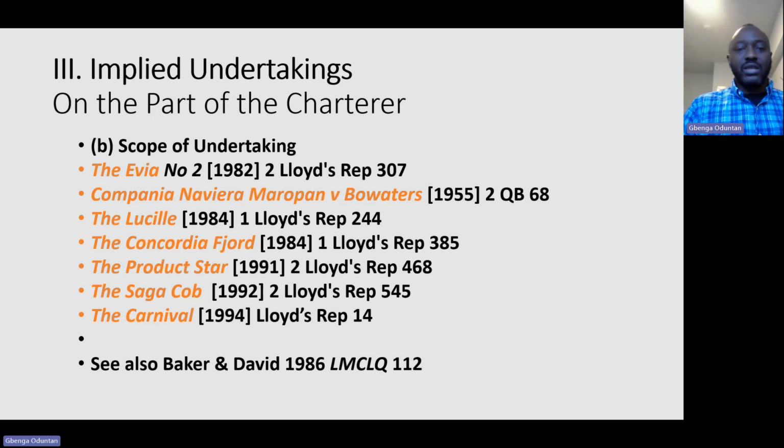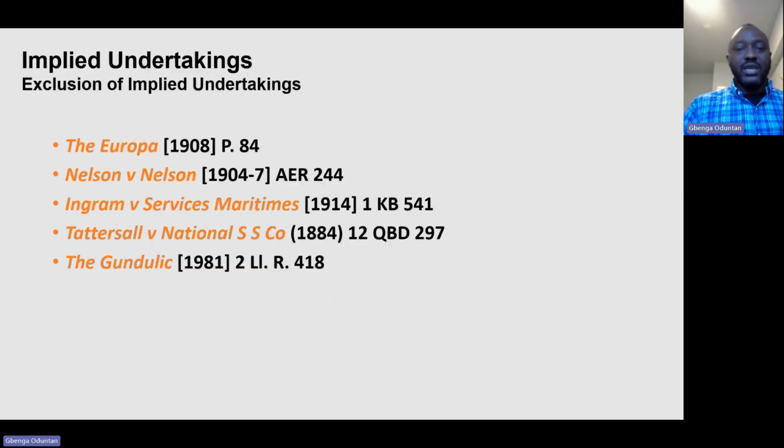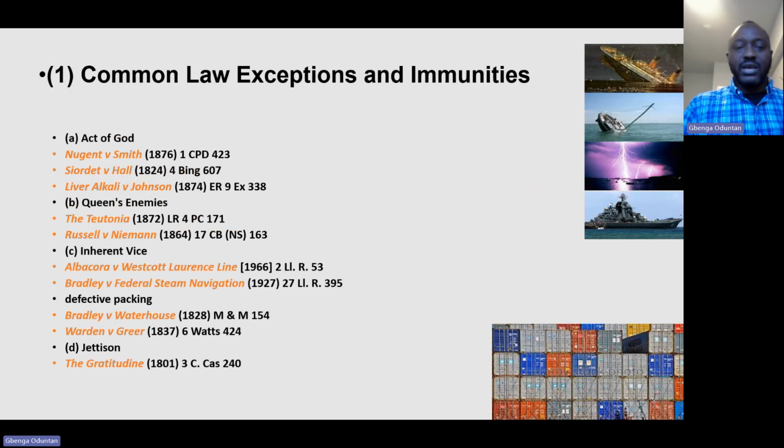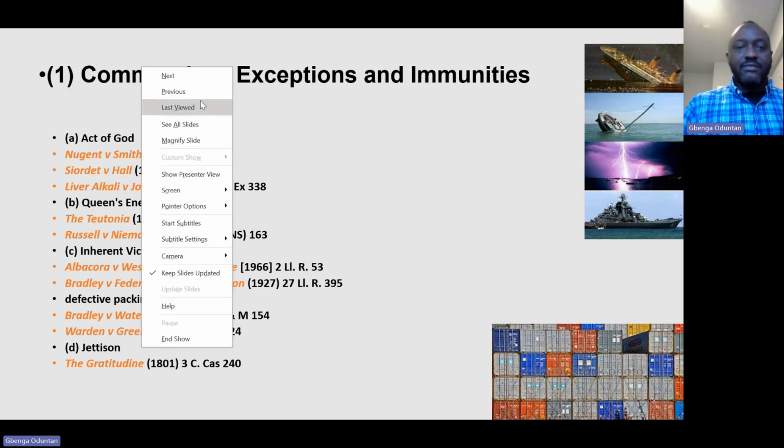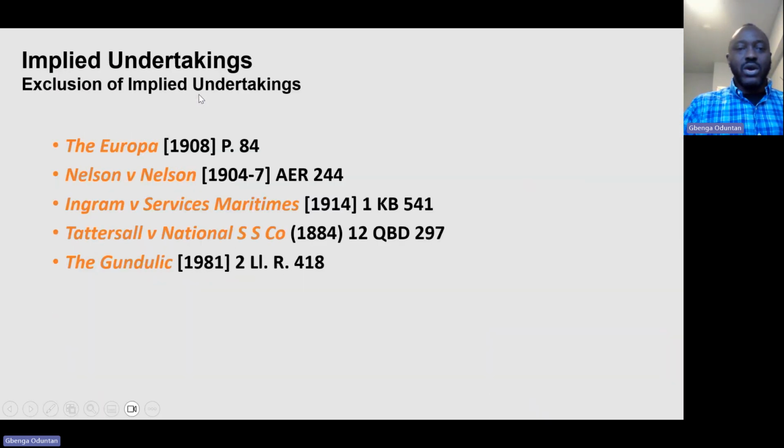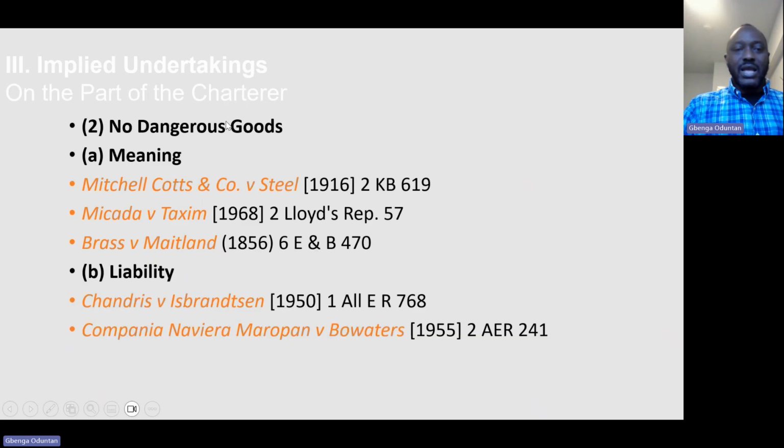On the part of the charterer, the duty also exists that the charterer must not do anything that makes the ship carry unsafe goods. So don't charter people's vessels in order to carry dangerous or illegal goods.